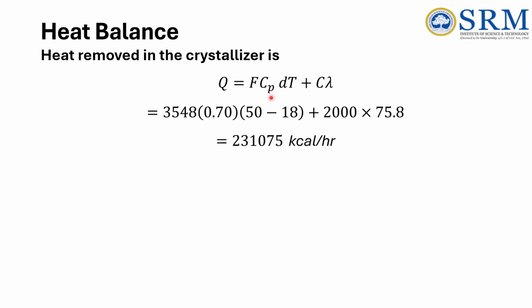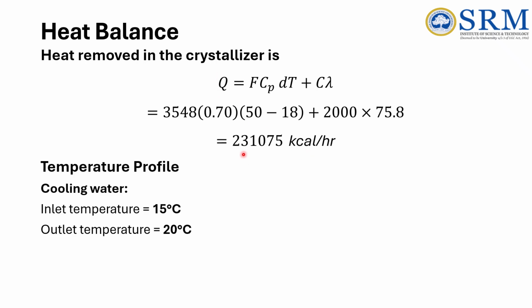This is the Cp of the solution, and the temperature difference in the feed is from 50 to 18 degrees Celsius. So C is the flow rate of crystals, and the crystals carry the latent heat, and the lambda, the latent heat of solution, is also given. So from which the total heat removed in the crystallizer will be estimated as 231075 kilocalories per hour.